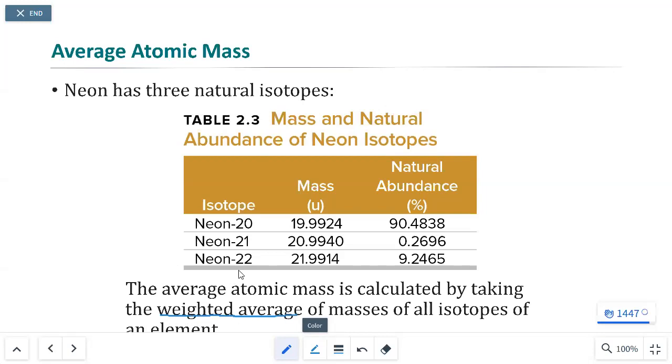So how do we determine what the actual average is? Well, we have to do some math. And the math that we do is this. We take the atomic mass and we multiply it by its percent abundance. And after we do all of that multiplication, we add them all together to give us the weighted average.